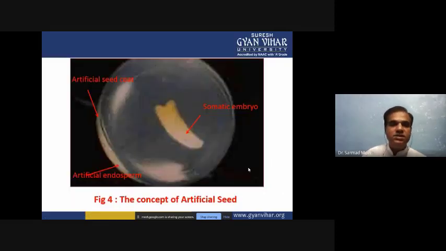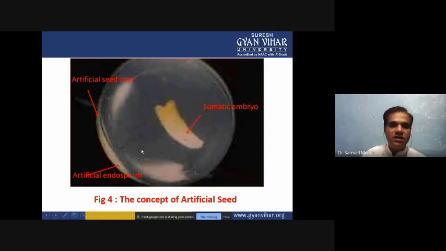So here is the structure of the artificial seeds. In the artificial seed you can see the somatic embryo, and the somatic embryo is encapsulated with the hydrogel, and the hydrogel works as a seed coat. It will protect against bacteria, microorganisms and desiccation.